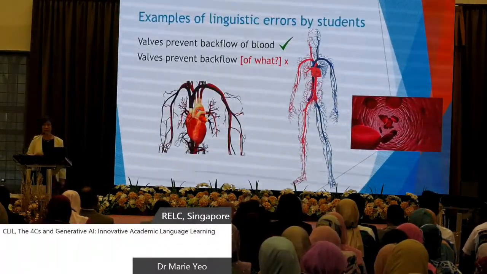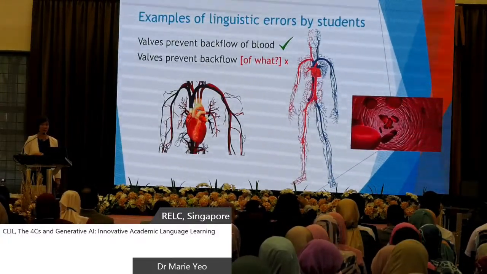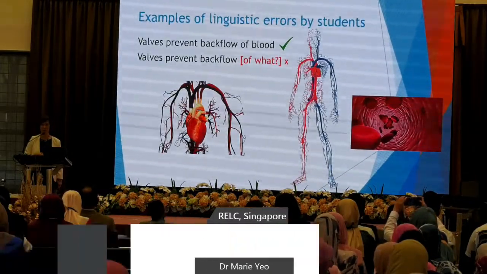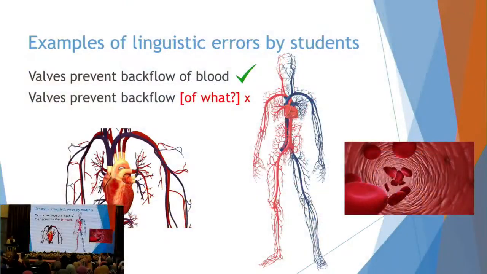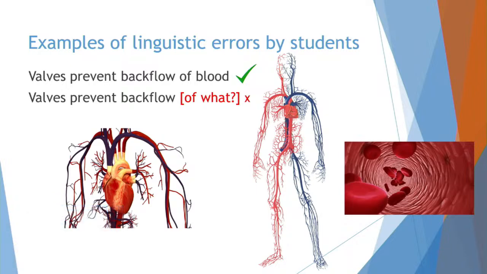So this is another example from the same study about valves. So what the teacher wants is for the students to write, valves prevent backflow of blood. But some of the students, if their English is not very good, they don't write long, complete answers, they actually write as though they are speaking. So this student wrote, valves prevent backflow.